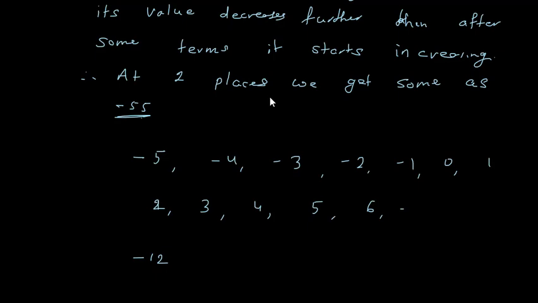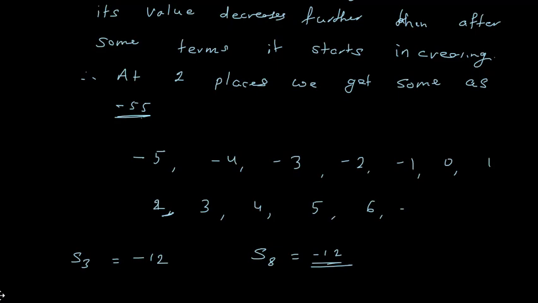So S3 I am getting as minus 12. Then it is minus 14, minus 15, then minus 15 only, then minus 14, and this is minus 12. So till here again I am getting minus 12. S8 I am getting as minus 12 again.